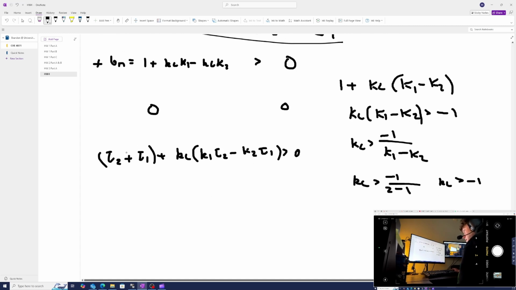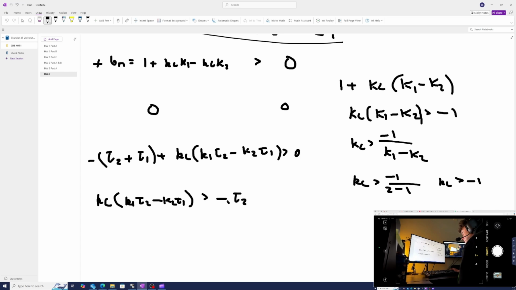If we subtract across, we get our Kc times K1 tau 2 minus K2 tau 1 must be greater than negative tau 2 plus tau 1.